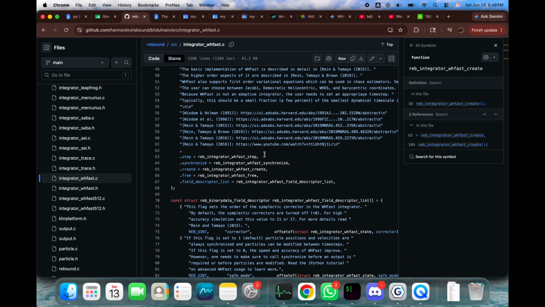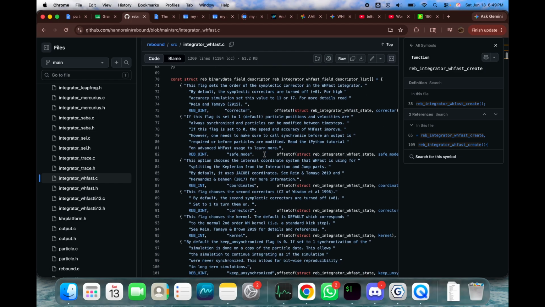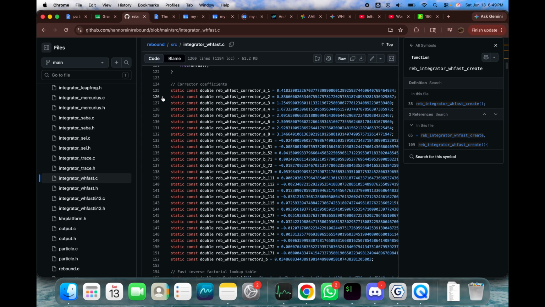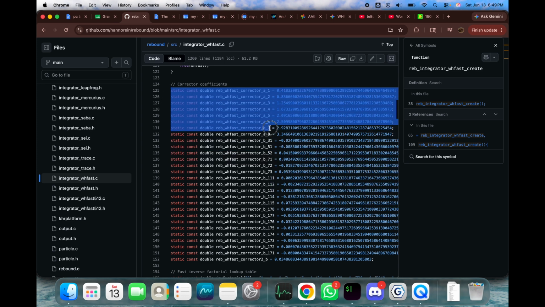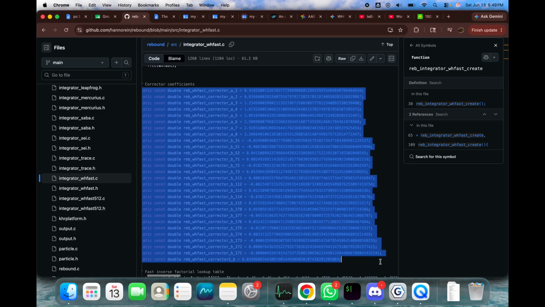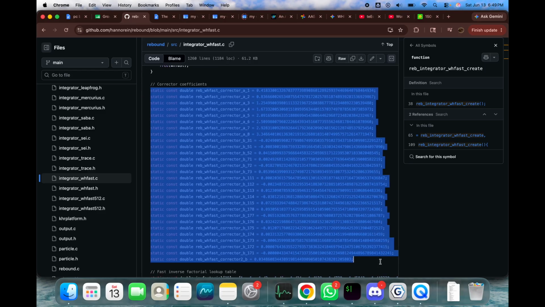Okay, documentation dot stuff dot synchronize dot create dot free. Create. Okay. First, we have our giant corrector table. Yeah, this is just going to be. I'm going to speed this up in editing, so brace yourselves.